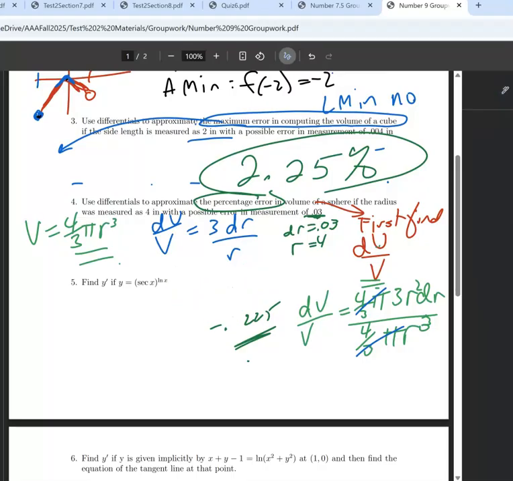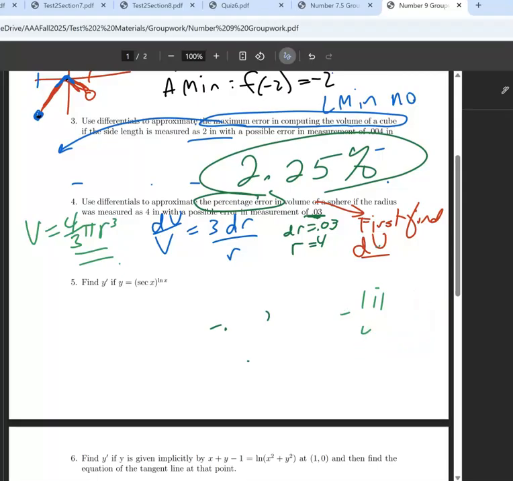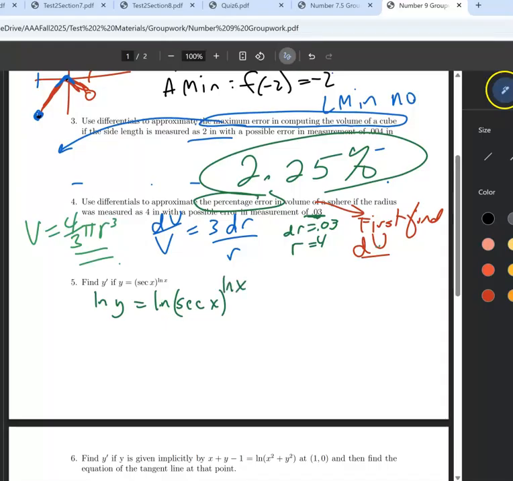All right, this one here, you're looking at a function to a function. So you know, I'm not going to tell you this on a test or a quiz. You know you need to do log diff. So that means you have to start with taking ln of both sides. So remember, almost always the mistakes happen on this first step, so go slow. Then bring the ln of x down in the front.